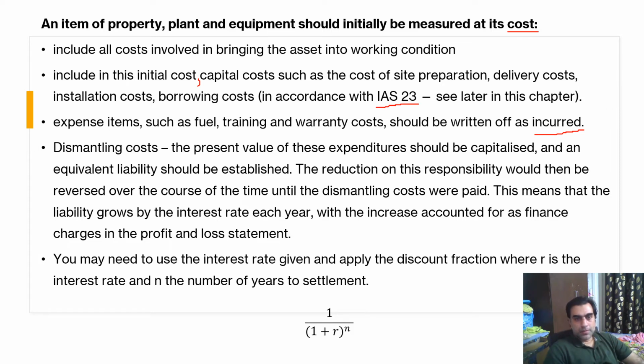Dismantling cost, that is also called decommissioning cost. The present value of the expenditure should be capitalized and an equivalent liability should be established.